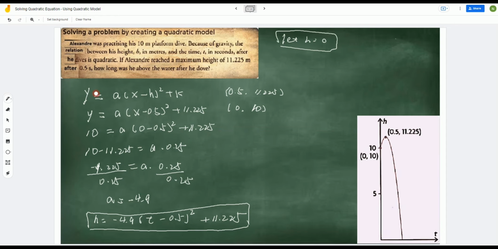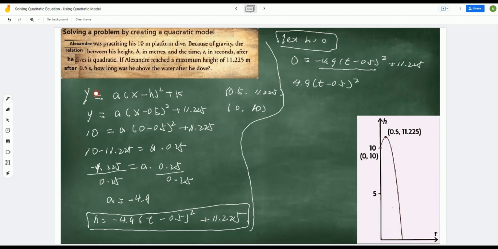So 0 equals negative 4.9 times (t minus 0.5) squared plus 11.225. We move this term to the left, so 4.9 times (t minus 0.5) squared equals 11.225.